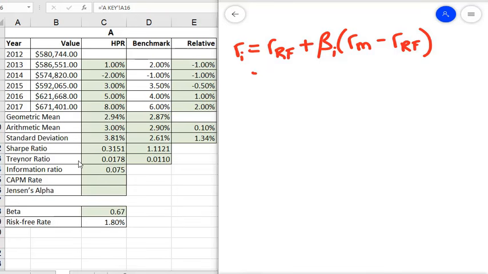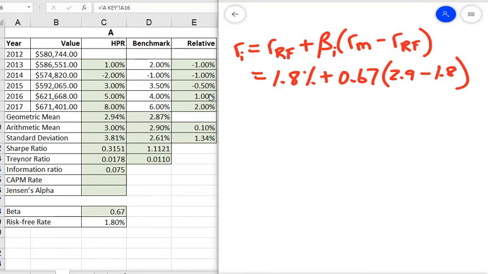So in this particular case, we have a risk-free rate of 1.8%, and it needs to generate at least 0.67, here's our beta down here, of our benchmark's risk premium. So here our market return is 2.9%, and the risk-free rate is 1.8%.